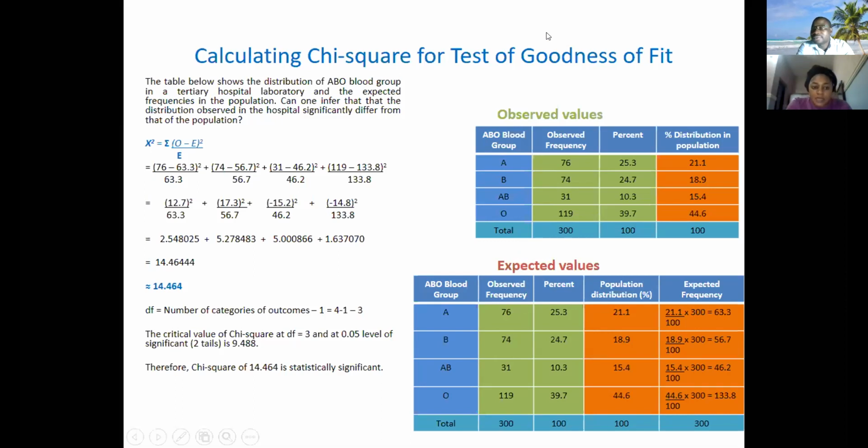Okay, let's come to the second to the last sentence. Why did we choose 0.05? For most research it is 0.05.